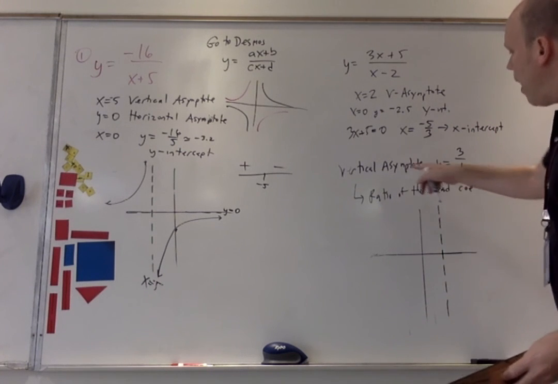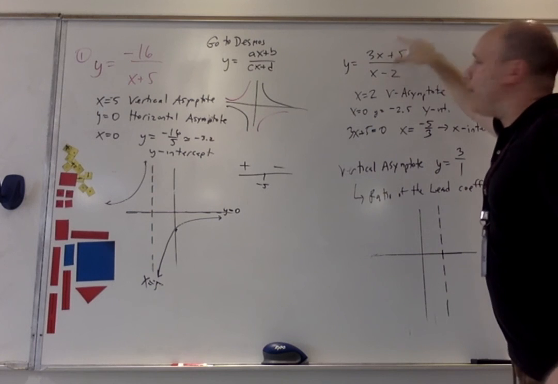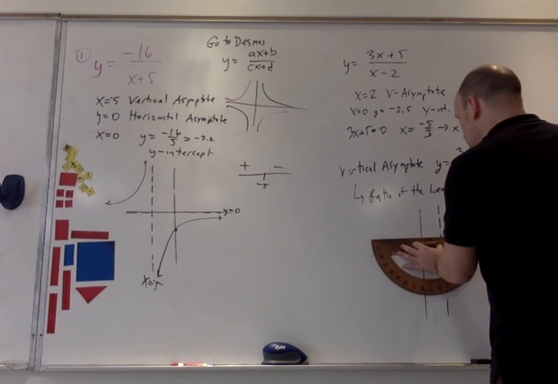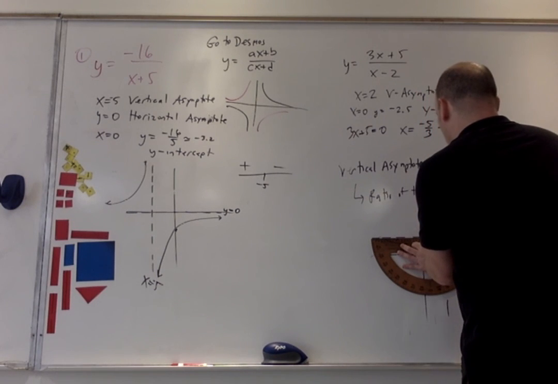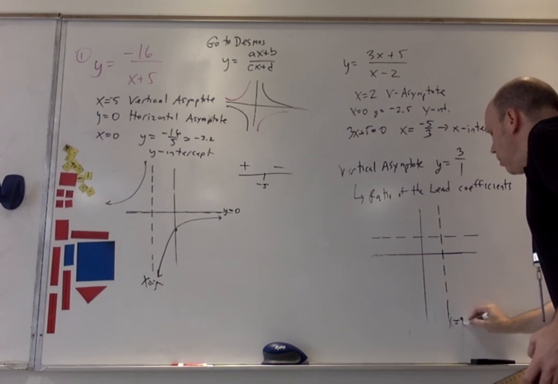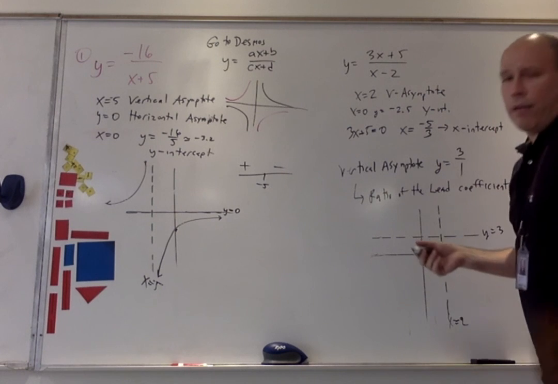The second asymptote was y equals 3. Once again, this fraction will never, ever get to 3. It'll get close to it. It's just never getting there. x equals 2, y equals 3.